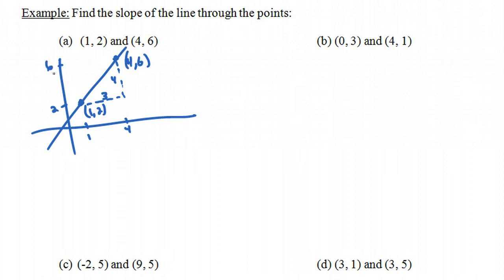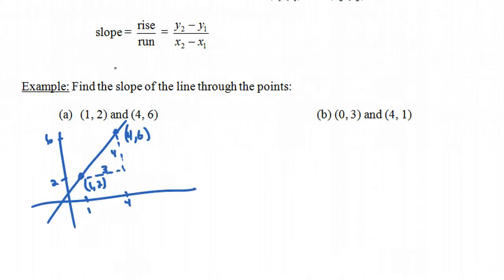Now I don't want to draw the picture every single time. I want to actually apply the above formula. To apply the formula that we had up here, we need to call one of these points (x1, y1), and the other point (x2, y2).